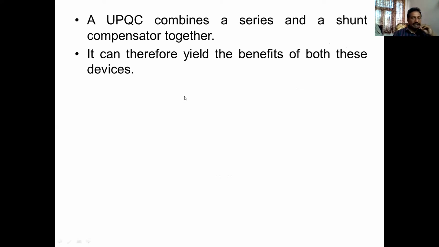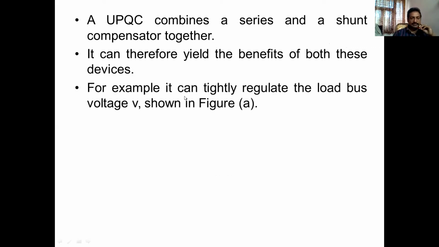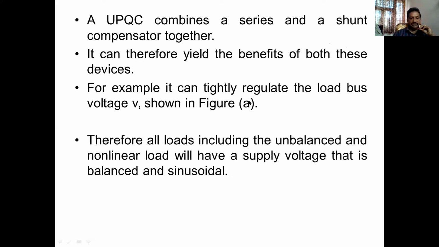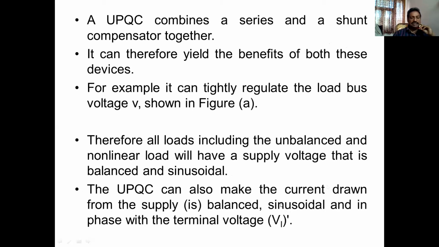It can therefore yield the benefits of both these devices. For example, it regulates the load bus voltage so that all loads, including unbalanced and nonlinear loads, have a supply voltage that is balanced and sinusoidal. The UPQC can also make the current drawn from the supply balanced and sinusoidal.